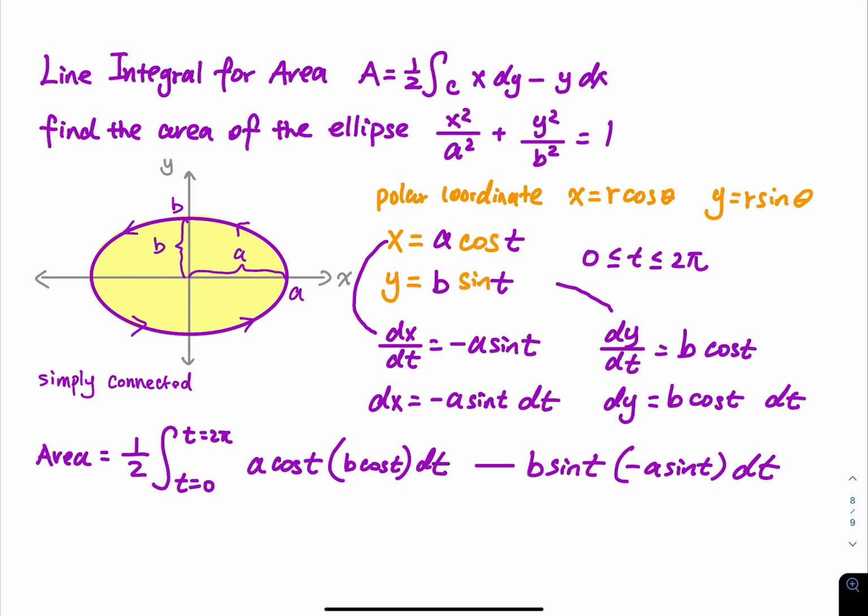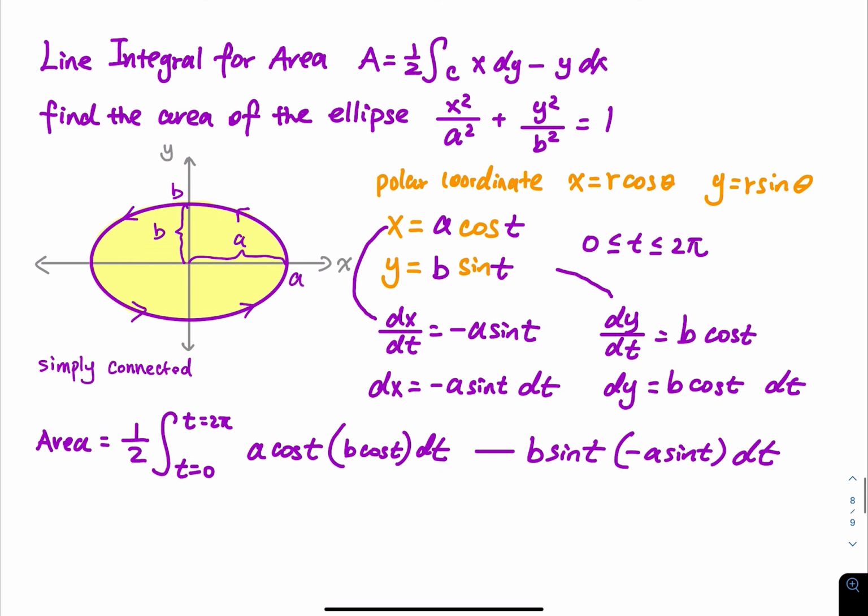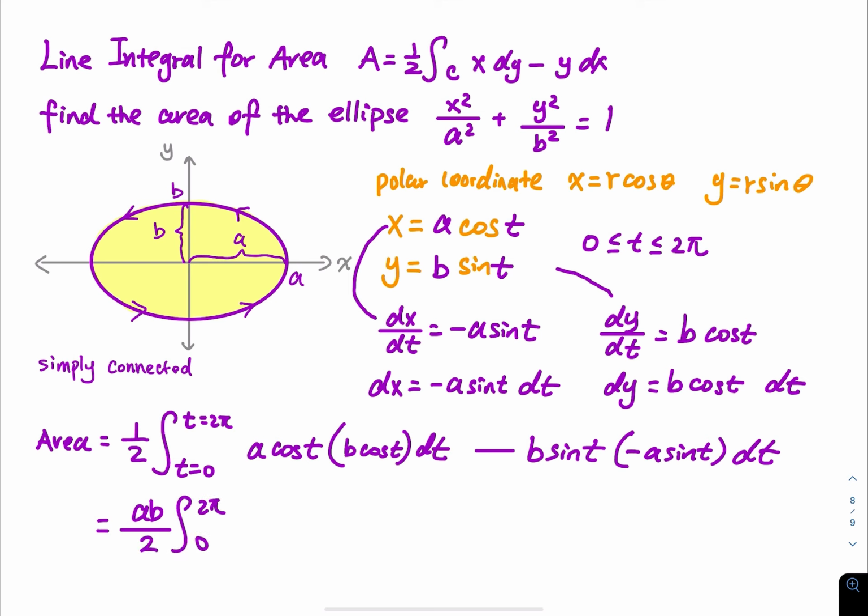Okay, what do we get? I see a sine square and a cosine square. Can we factor out the a and b? Like this, we factor out a, b, and the 1/2 is there from 0 to 2 pi. That one will be a cosine square t, and this minus and that minus becomes a plus.